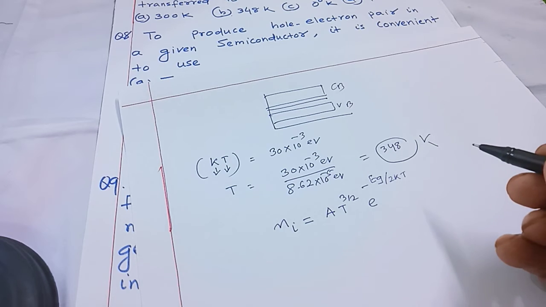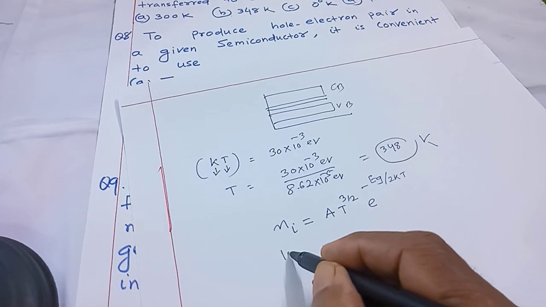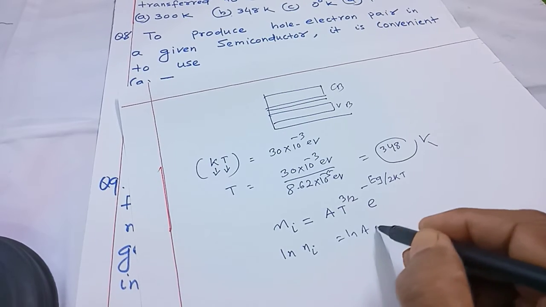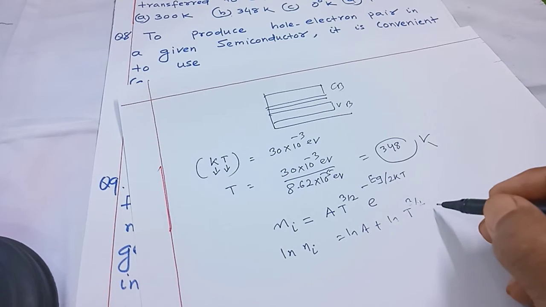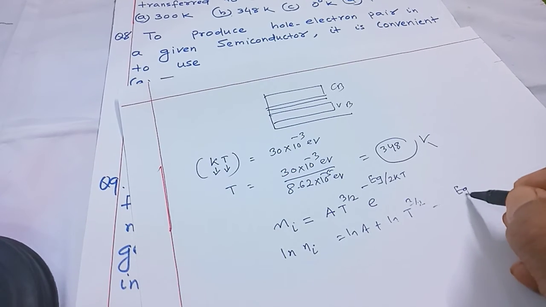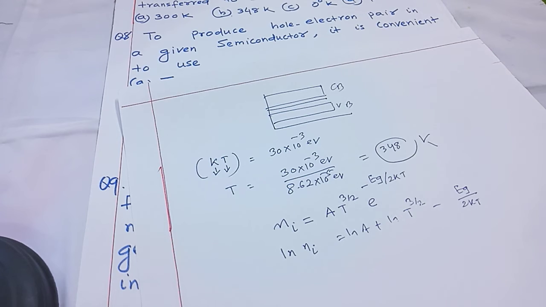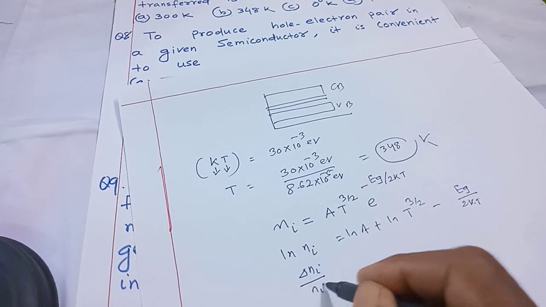So how to calculate? You take the logarithm of both sides: ln Ni equals ln A plus ln of T to the power 3 by 2 minus Eg by 2kT. Now take the differential, that is delta Ni by Ni.